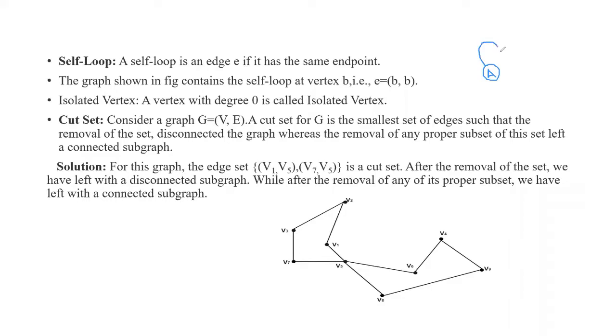And this edge E is connected by two endpoints, that is A, comma A. So starting point is also A and ending point is also A. So this edge is connected with starting point A and ending point A. So this is a self loop. So it is an edge connected to that same vertex.